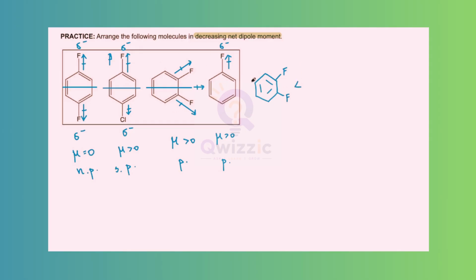Followed by the fourth one. Now, why? Well, essentially, when it comes to the comparison of the second and the fourth structure, the net dipole moment of the second structure is smaller because chlorine is canceling out the carbon-fluorine dipole moment slightly, right?